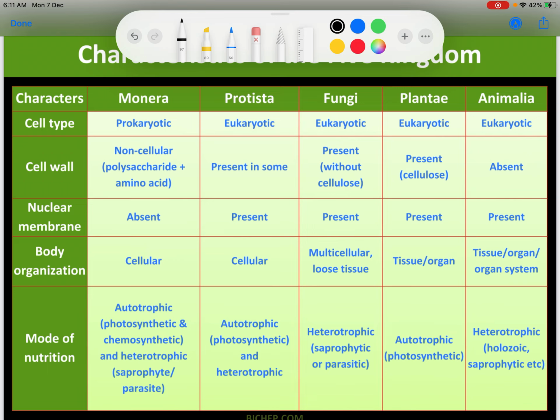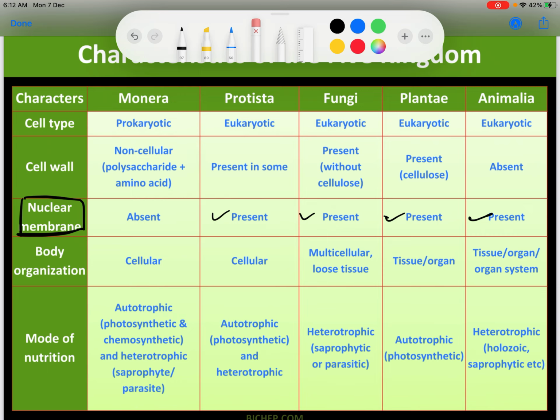Now, the last characteristic feature is the nuclear membrane. The membrane around the nucleus, in Monera it is not found, but in all the eukaryotes it is found. On the basis of the nuclear membrane only we are classifying the cell either as prokaryote or as eukaryote.